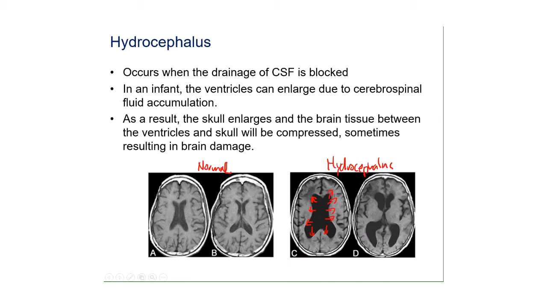In kids, you might have heard of babies that are born with really big heads, and that could be caused by hydrocephalus, because the baby's skull is still not fully converted into bone yet. It is still cartilage on some level, and so all that extra pressure is going to push against the skull, and when it's still cartilage, it's going to expand, and of course that is not a good thing.